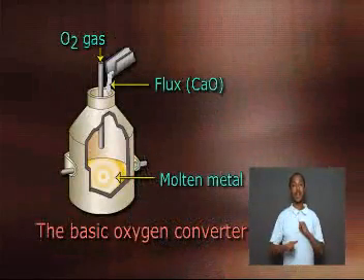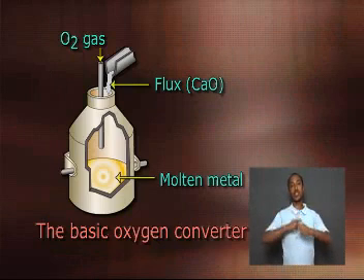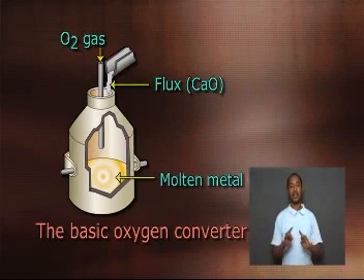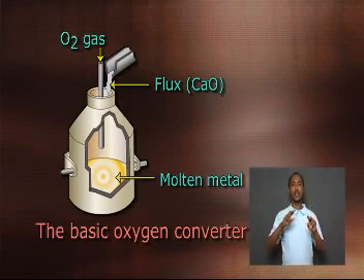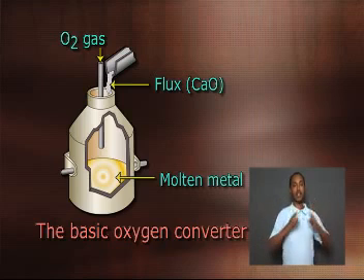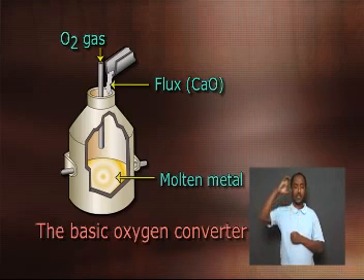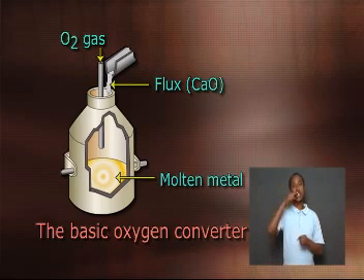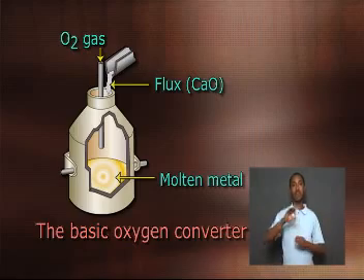Finally, we have the basic oxygen process. This is a newer method that, because of its high speed, has largely replaced the open hearth method. The process involves forcing a mixture of powdered calcium oxide and oxygen gas directly into the surface of the molten pig iron.